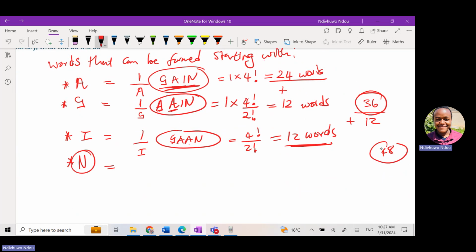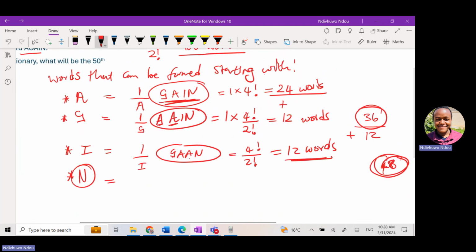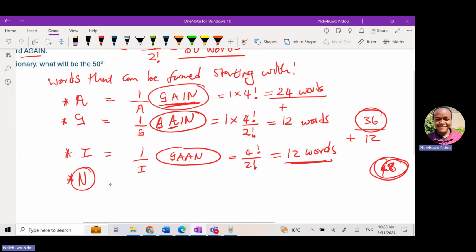Obviously, we are sure now that the 50th word is going to start with N, because 48 words is what you form when you start with A, G, and I. We can't even bother to count here. Rather, we can just write this in alphabetical order.